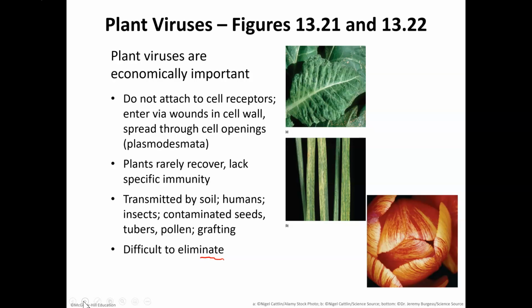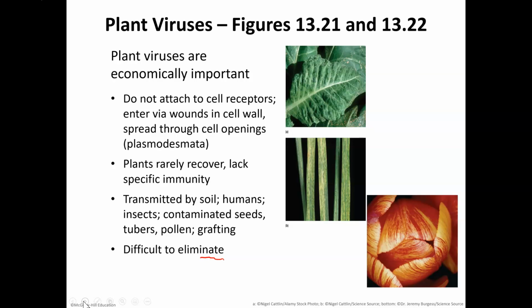Then we have plant viruses. Plant viruses are economically important because they damage plants, which we need. They can damage food, cause food shortages, and they can cause problems with other animals, so maybe not food shortages for us, but food shortages for other animals, as well as pollinators.